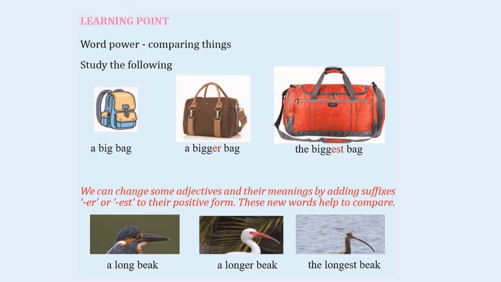Now children, let's see what is given in our textbook. Here there are three pictures. First one, a big bag, a bigger bag, and the biggest bag. We can change the words and their meanings by adding suffixes to words at the end. These new words help to compare. A long beak, a longer beak, and the longest beak.